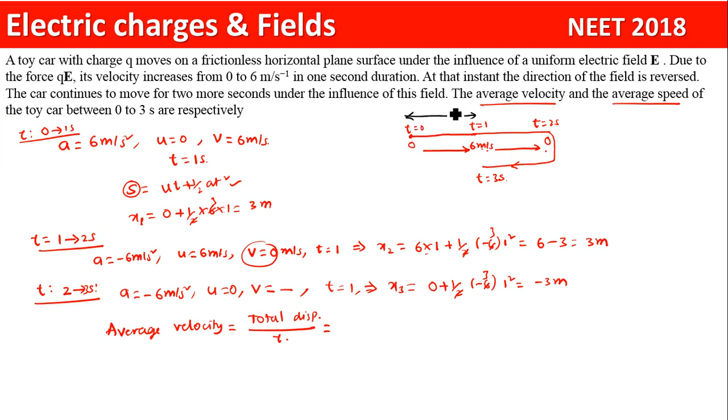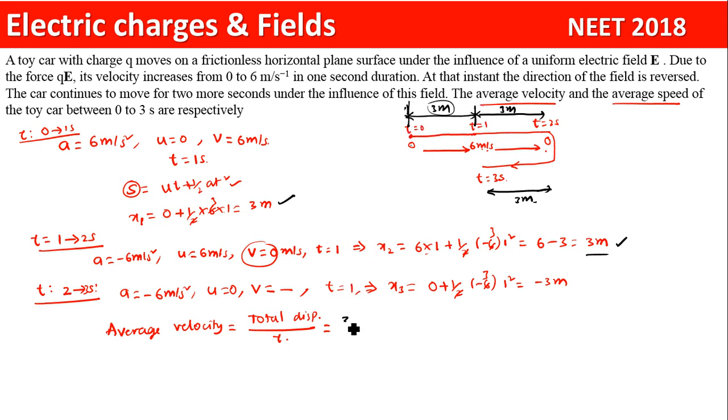Between 0 to 1 second it has traveled 3 meters. From t is equal to 1 to 2 seconds, it is also 3 meters, and from t is equal to 2 to t is equal to 3, again it is 3 meters. So it has gone 6 meters ahead and it has gone 3 meters back. The final location compared to the initial location, what is the total displacement?